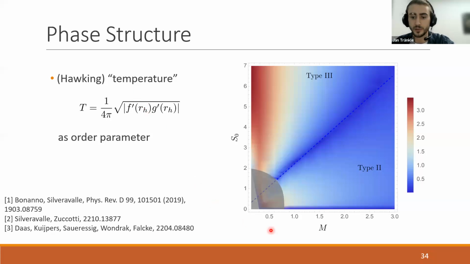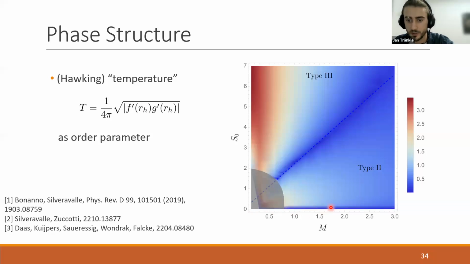The first type of solutions, the type 1 solutions with negative S0, don't have a horizon, so here this parameter cannot be defined properly. These would be down here in the phase diagram, at negative values of S0. If we then go to S0 equals 0, this is this dark blue line down here. This would be where the Schwarzschild solution sits.